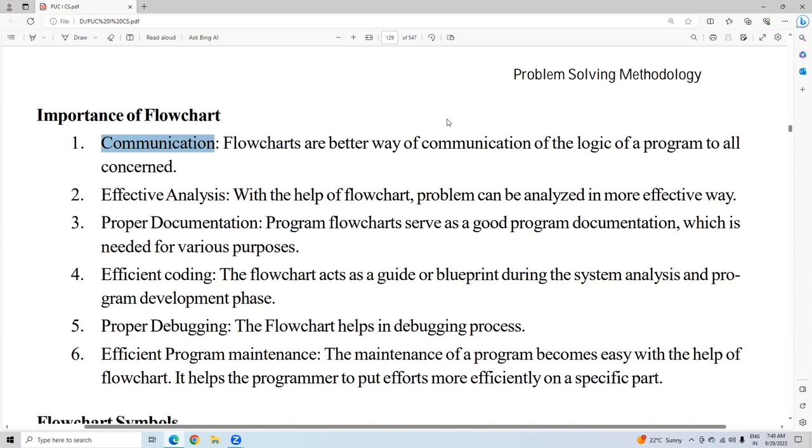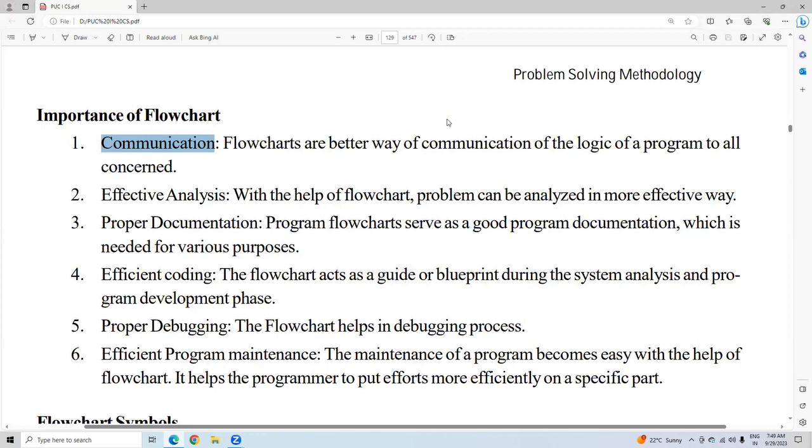Communication, in the sense, flowcharts are a better way of communicating the logic of the program to all concerned, right? That is communication. Effective analysis: with the help of a flowchart, a problem can be analyzed very effectively.